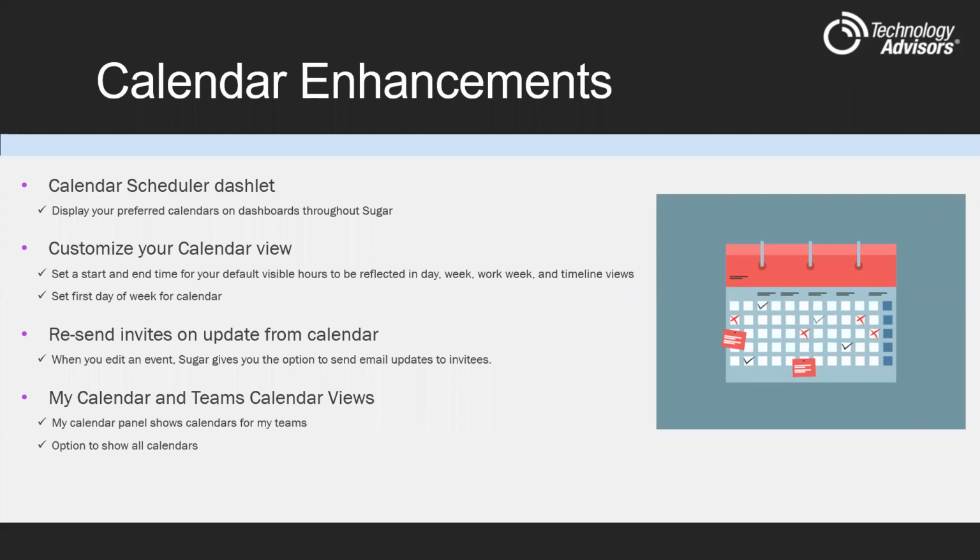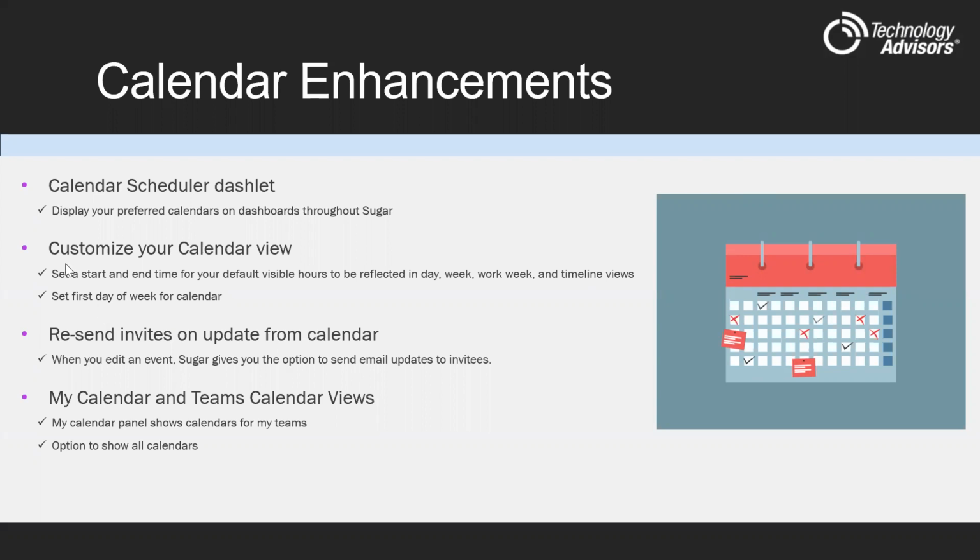So to add on to the additional enhancements in release 11.3, there are a number of useful enhancements made to the calendar feature in Sugar. There is a calendar scheduler dashlet. So you can create this dashlet in any module within Sugar to view a glimpse of your activities for that week or that particular day.